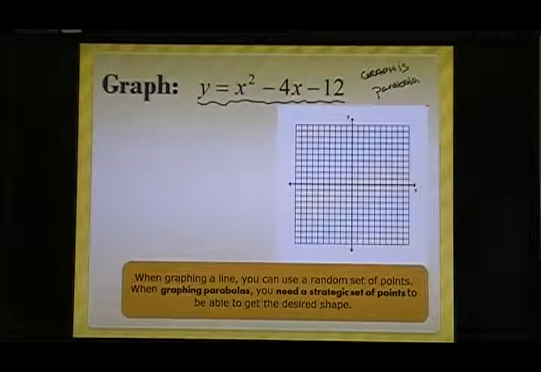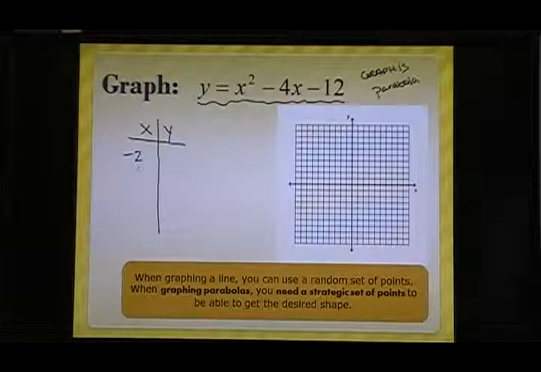So if you're trying to come up with a graph, a lot of people's standard go-to method is to find some ordered pairs, and they always go, all right, let's do -2, -1, 0, 1, 2, because that's what we could always do when we're dealing with lines.